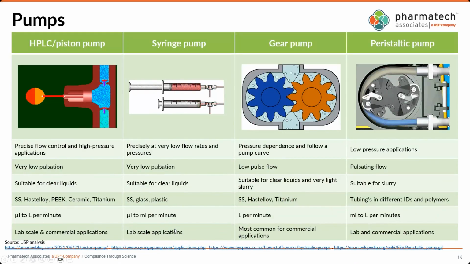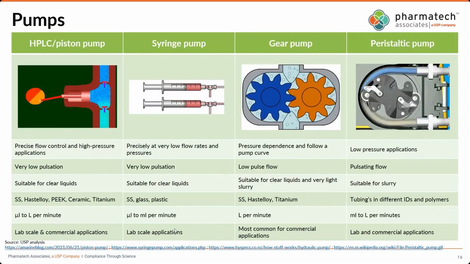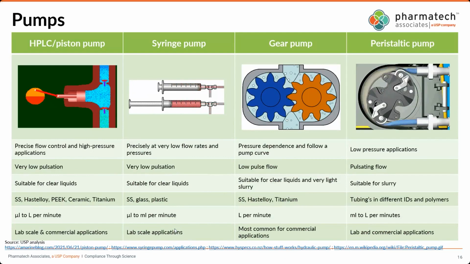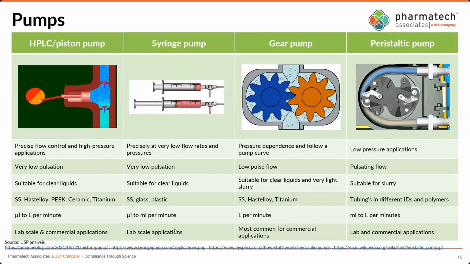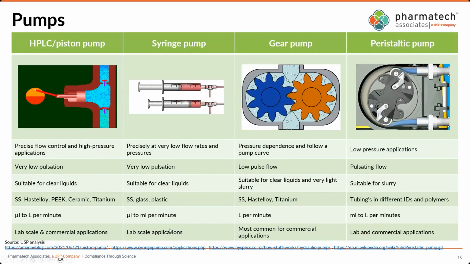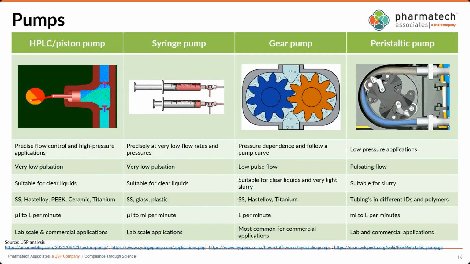So here is a quick comparison of the four basic types of pumps that are being used in continuous manufacturing setups. The first and most commonly used pumps are the HPLC or piston pumps. Those are reciprocating, positive displacement pumps.